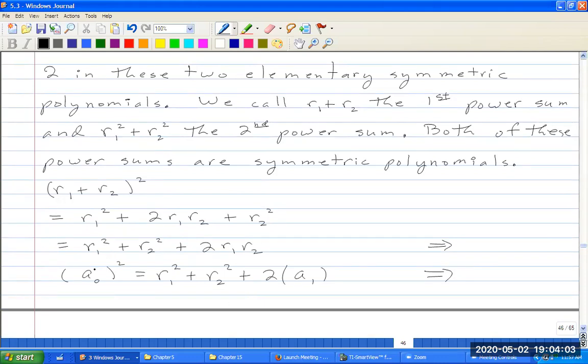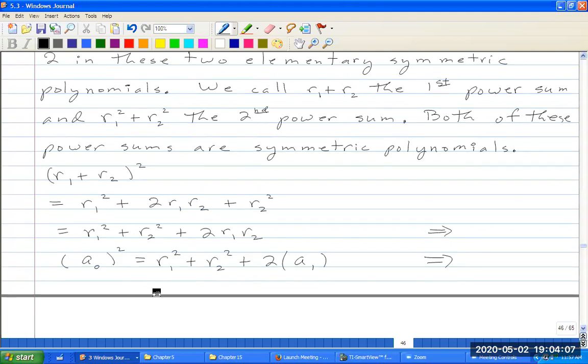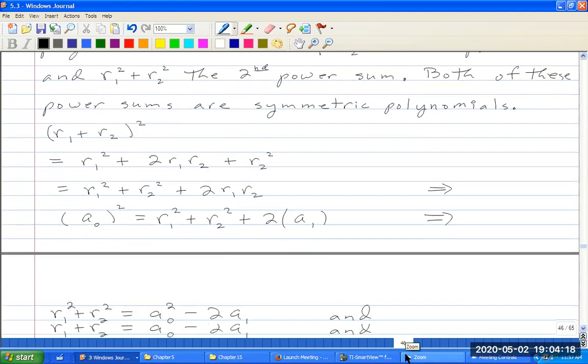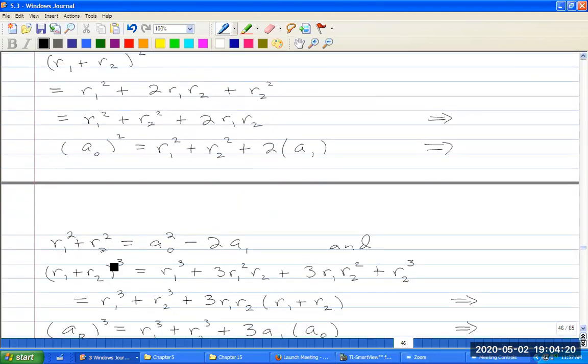r1 plus r2 is just a sub 0. So a sub 0 squared is equal to r1 squared plus r2 squared plus 2 times r1 r2. Well, remember r1 r2 is a1. And so r1 squared plus r2 squared is a sub 0 squared minus 2 a sub 1.